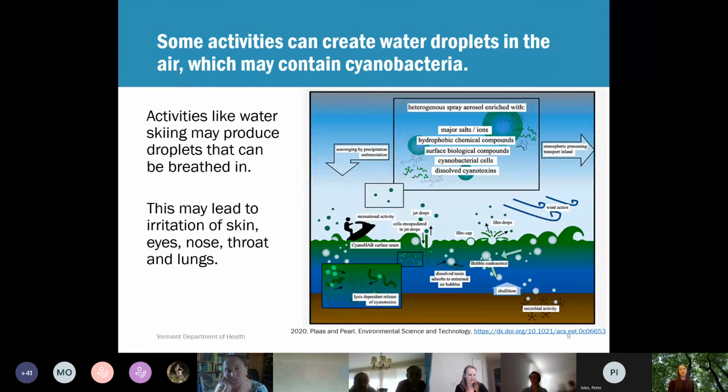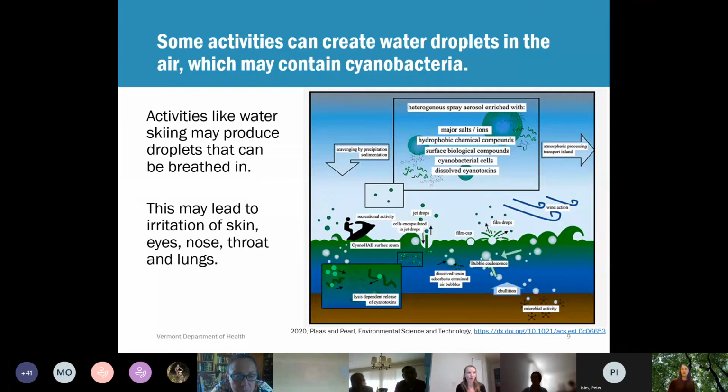Things like jet skiing and some other recreational activities can produce sprays, so those do have the potential to go up into the air. If there are toxins in the water, then the toxins could be included in those droplets.